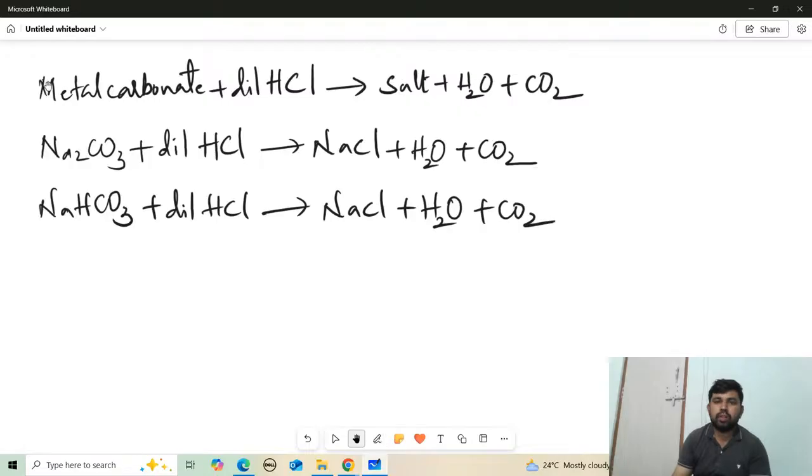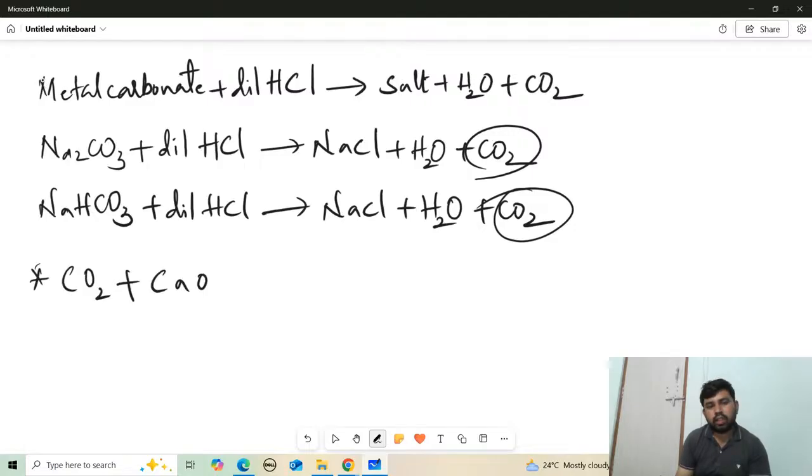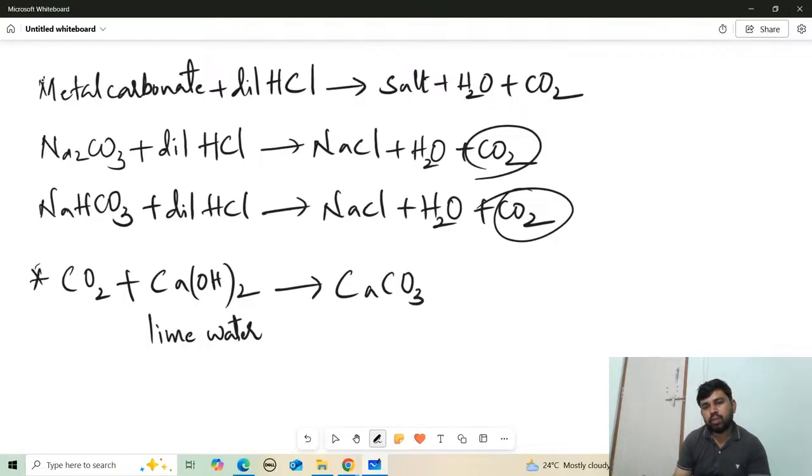So this CO2 gas, how can we confirm it? We pass the CO2 gas through Ca(OH)2. This is called lime water. Lime water will convert into CaCO3, which is milky white, plus H2O.